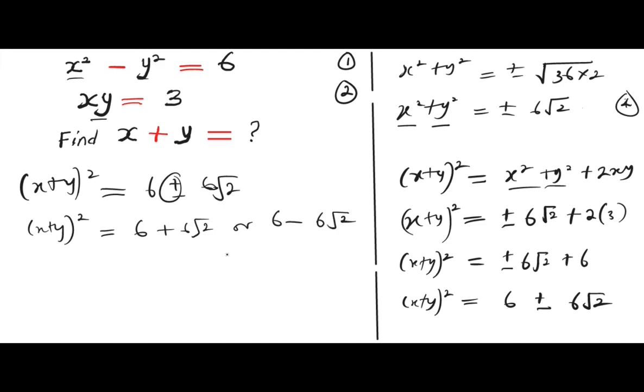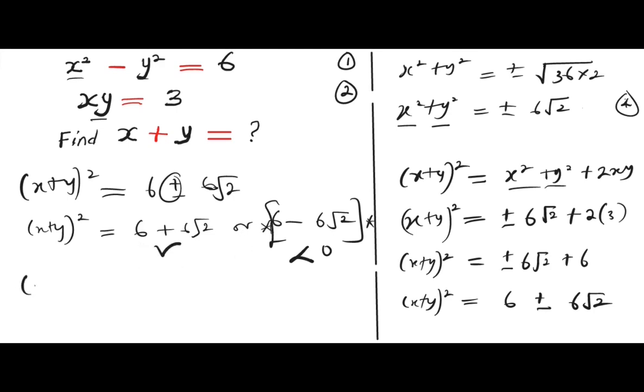All right, so these are the two values for x plus y all squared. Now if you notice, this particular value 6 minus 6 root 2 is less than 0. So it will give us a negative number and we don't need it. All right, so we are going to ignore this.